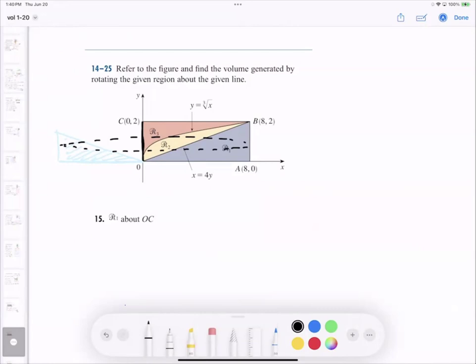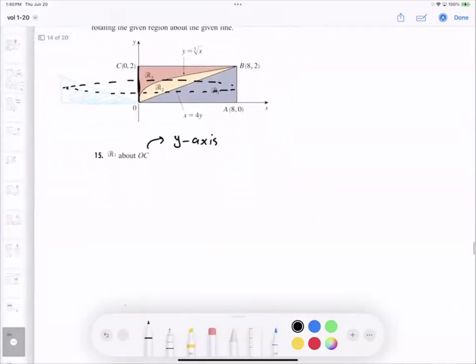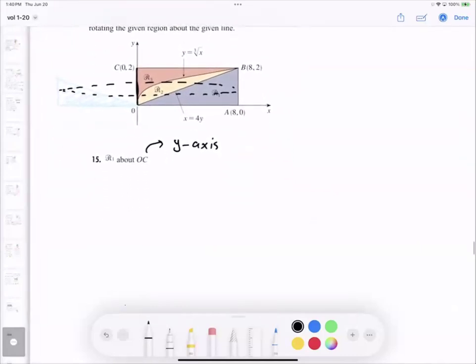So since we are rotating this about y-axis, OC is parallel to y-axis, everything that we're going to write is in terms of y. So the volume is equal to the integral. Your y is bounded between 0 and 2, so no issue there. But for your object of rotation, take a look.